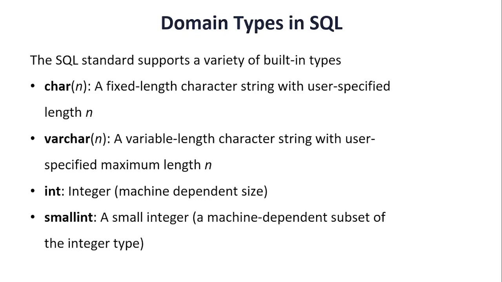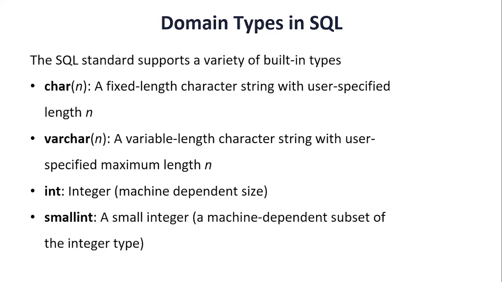If I remind you again, domain means the possible types of values a particular field or attribute in a table can have. There are a lot of different domain types that we can use with SQL. First we have char, which is simply for characters.